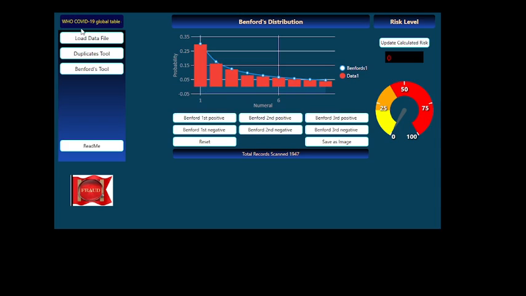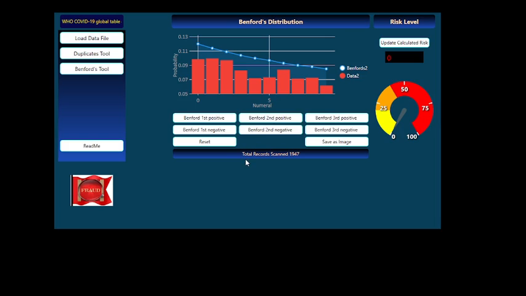Here you can see it's the WHO COVID-19 global table. And on the first digit, again, we have basically a virtually perfect distribution as to what would be expected. Here we have 1,947 records. The first digit, the second digit, not so perfectly distributed, but it does have a downward sloping trend on the distribution.